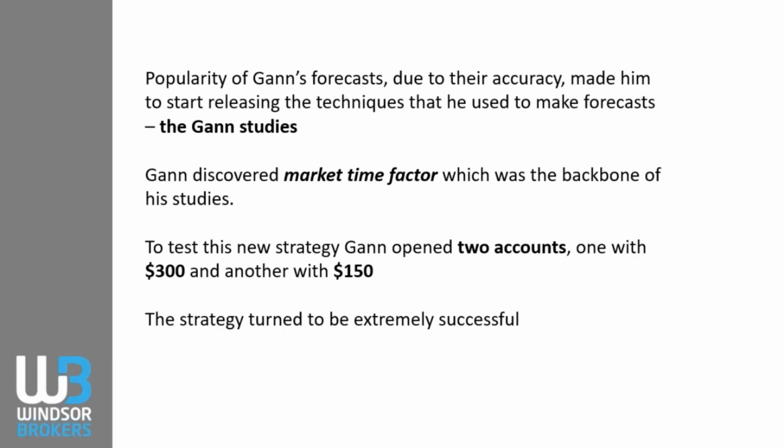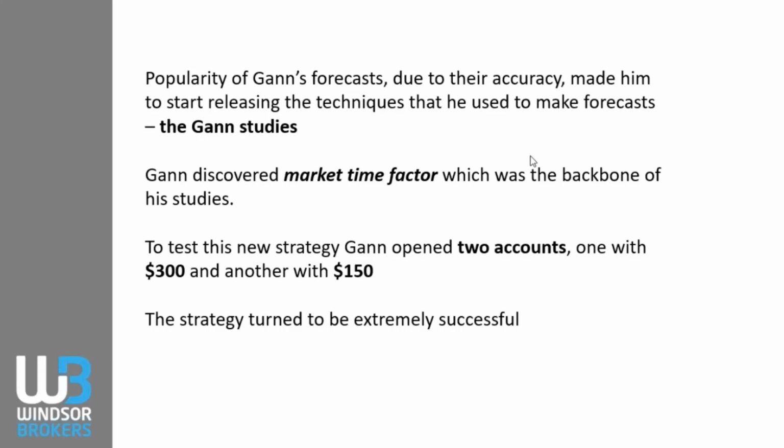To prove his studies and his way of analyzing the market and to test it, basically he created two trading accounts. One account had $300 and the other one $150, and after trading for a certain period of time, it was 3 months for the bigger account of $300 and 1 month for the $150 account. The strategy that he was using proved to be extremely successful.